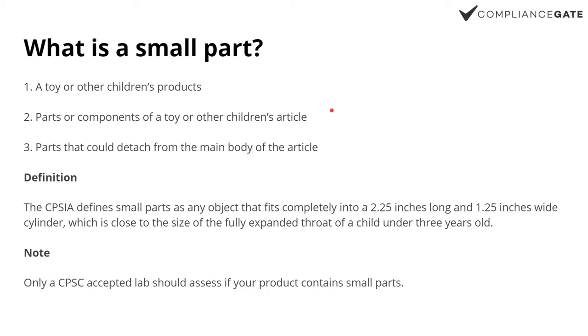It could also be a part that could potentially detach from the main body of the article, meaning that it's not always so clear cut. And this means that you need to make a rather comprehensive risk assessment to determine if there's a realistic risk that a part could detach.